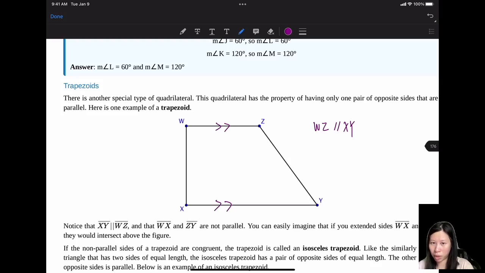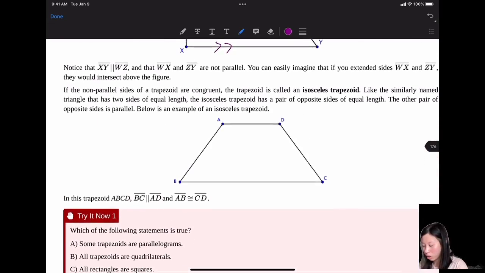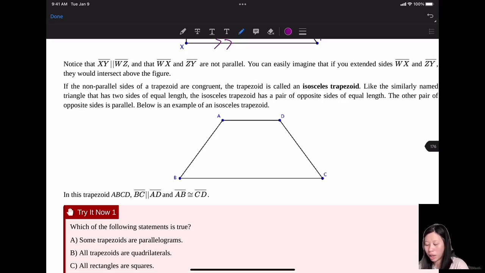You don't need to worry about whether the opposite angles are equal or not. As long as one pair of opposite sides is parallel, we call it a trapezoid. If the non-parallel sides of a trapezoid are congruent, the trapezoid is called an isosceles trapezoid. That means if these two sides are equal and these two are parallel, we call it an isosceles trapezoid.